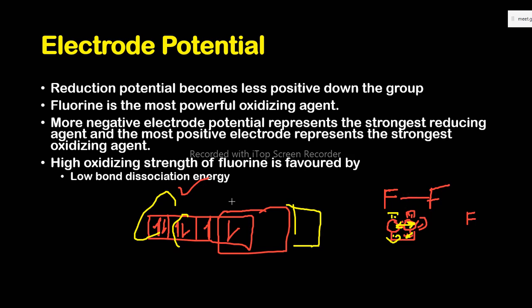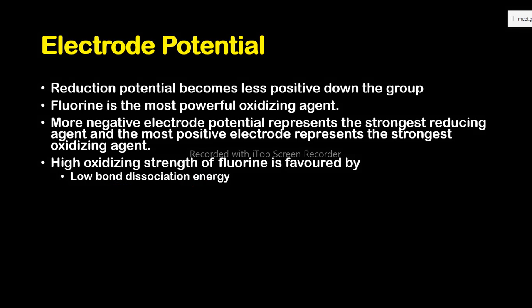We explained that in our previous lesson. So the bond dissociation energy of fluorine is going to be low compared to chlorine and other halogens.